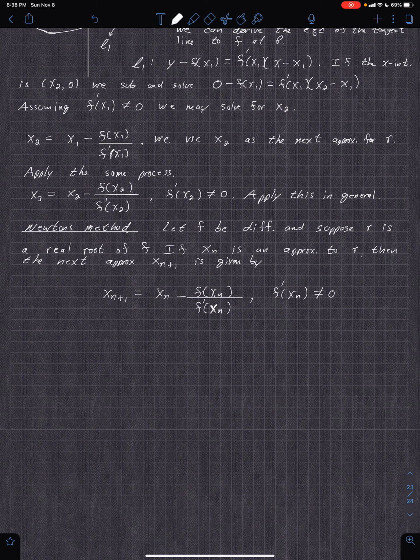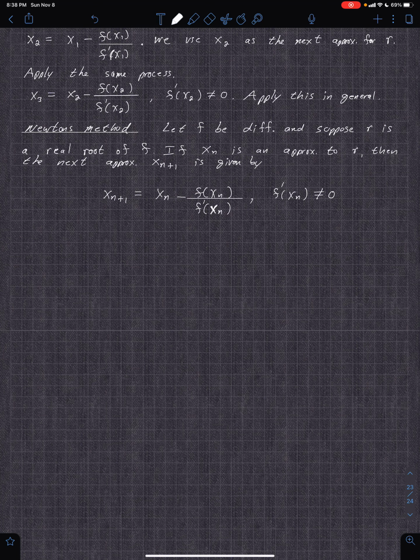Let's look at now what I call cases where Newton's method will fail. Okay, so let me draw on a graph, just so you can see what's going on here. So let's do this graph.